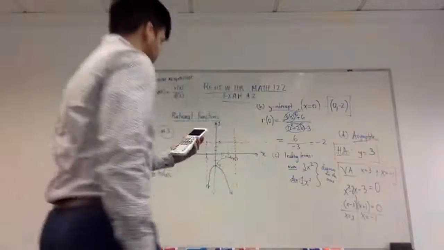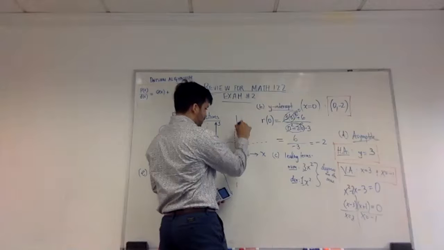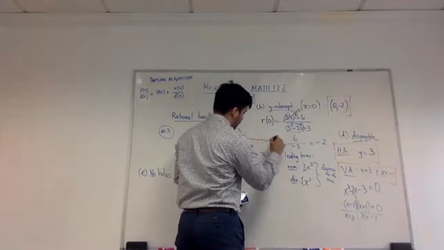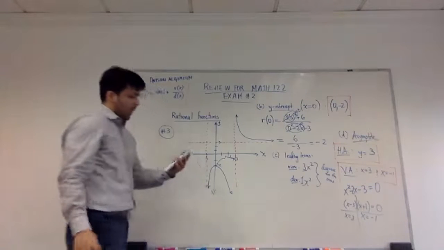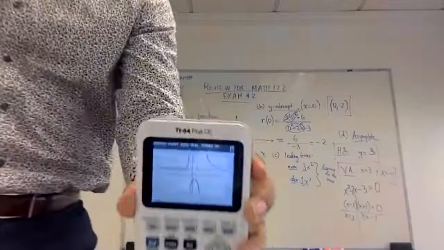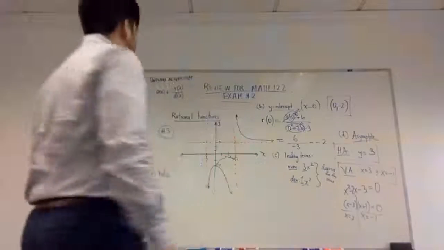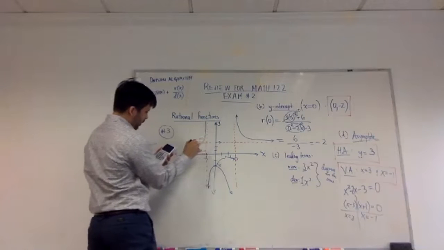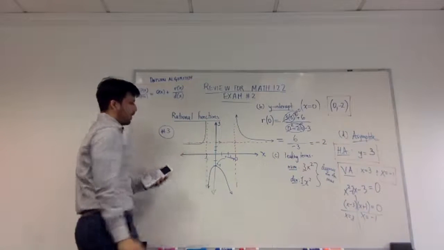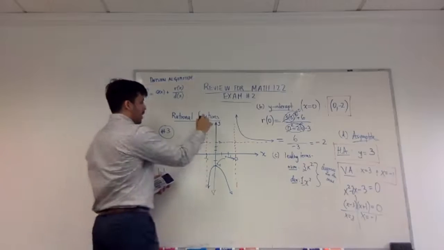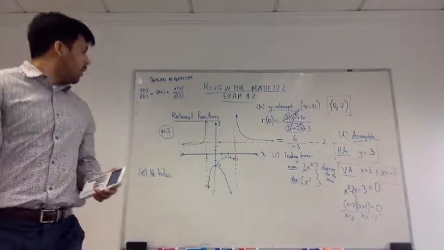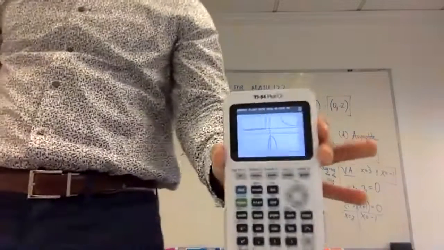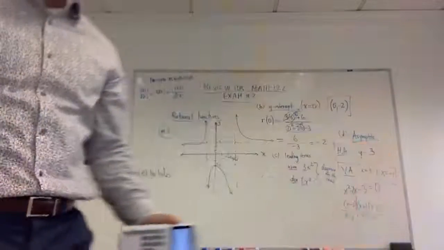And this part goes out here and gets close to y equals 3. And then this part veers into the horizontal asymptote, but then it continues on this way. So there's the sketch of my graph.